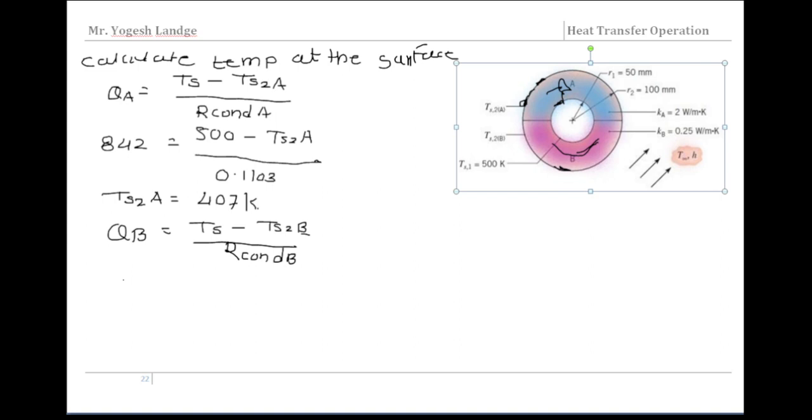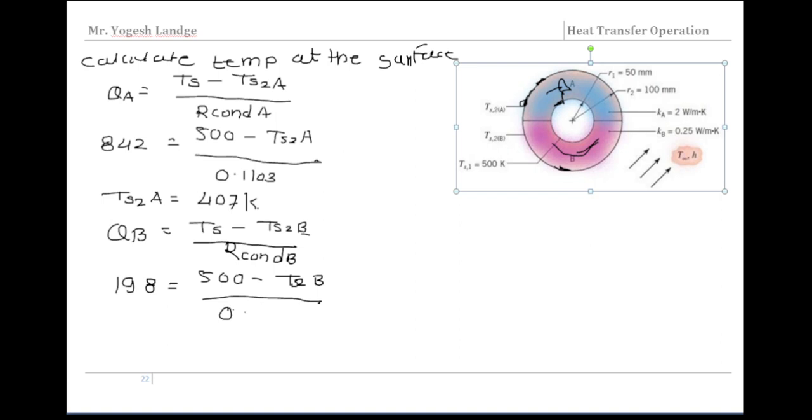We need to calculate that part. The value of QB is 198, which we already calculated. The Ts value given is 500, the same temperature. We need to calculate the temperature on this surface of material B.